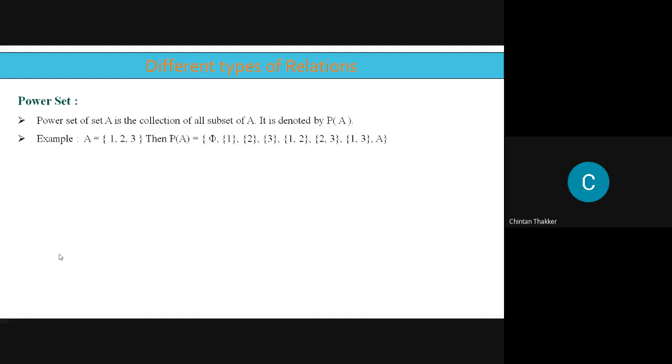Suppose A has n elements, then how many elements are in the power set?